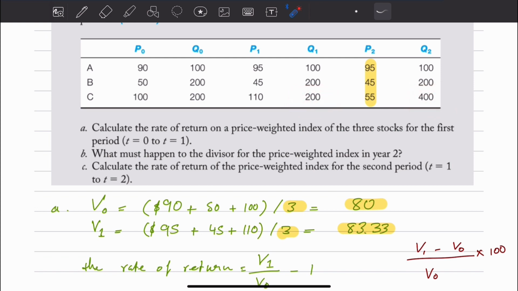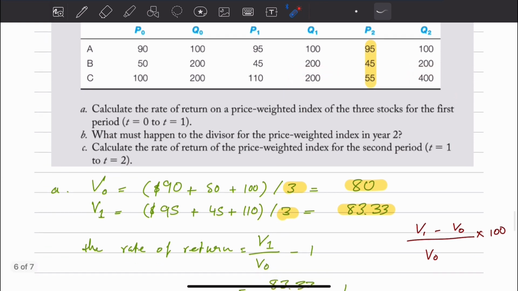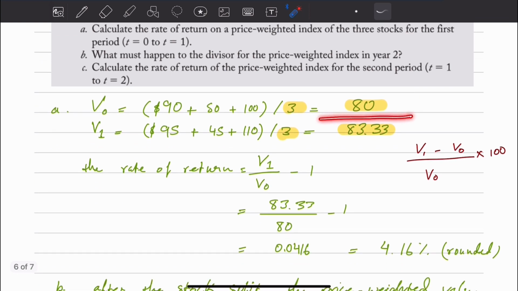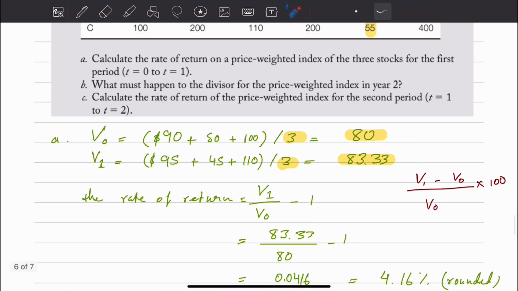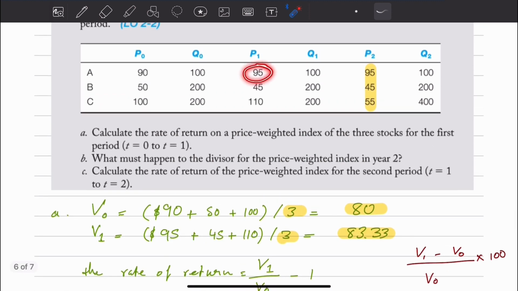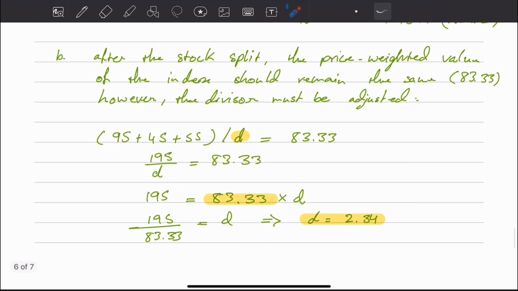You can do this mathematically by comparing the value at time 1, 95 plus 45 plus 110 divided by 3, which gives you 83.33, and the value at time 2, 95 plus 45 plus 55 divided by the new divisor, 2.34.